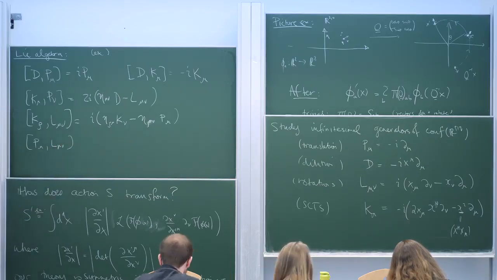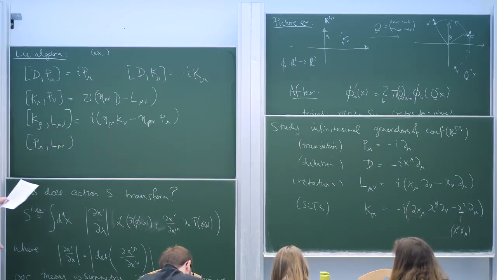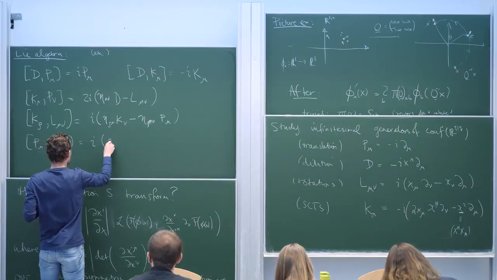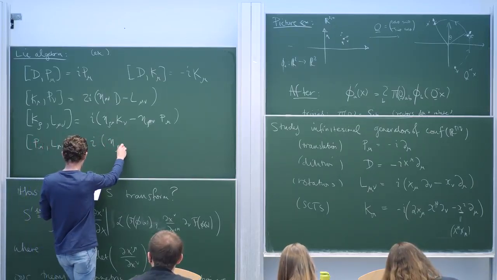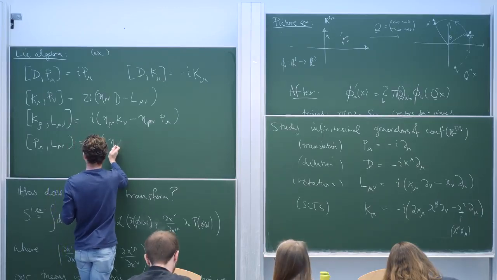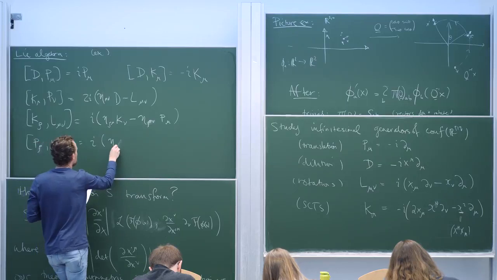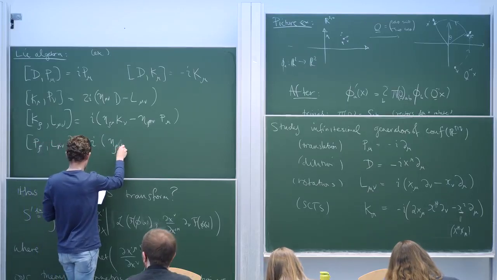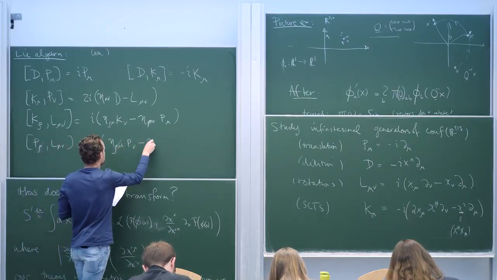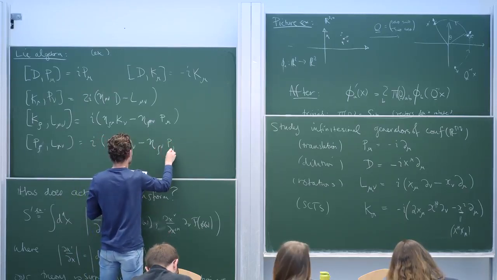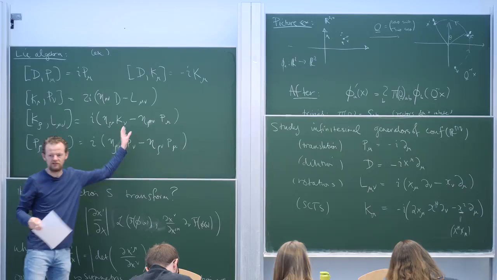What about translations and boosts and rotations? This is an interesting one. This is what makes it all so difficult for us. That's a rho. And you can see a lot of physics in these things here.